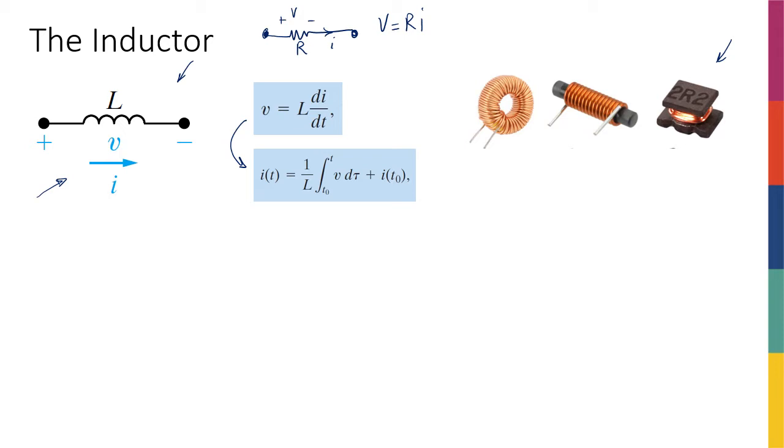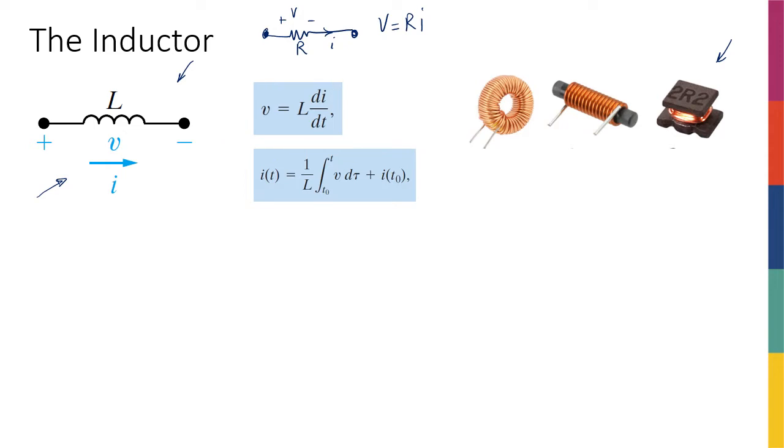So that tells us that if I have the expression for I, I can find the expression for V, because I just need to take the derivative and multiply that by L. But if I have V, I cannot find I if I don't have the initial current. So I also need the initial current as well, okay? So just a couple of observations from a mathematical point of view.